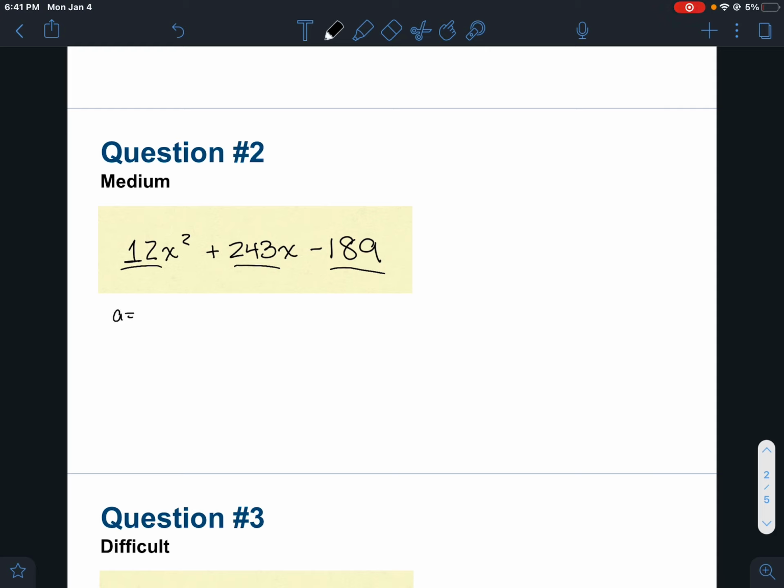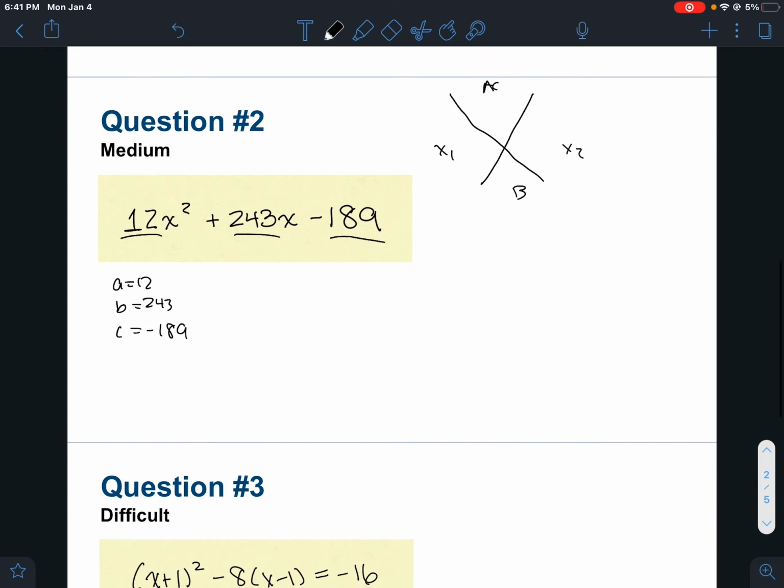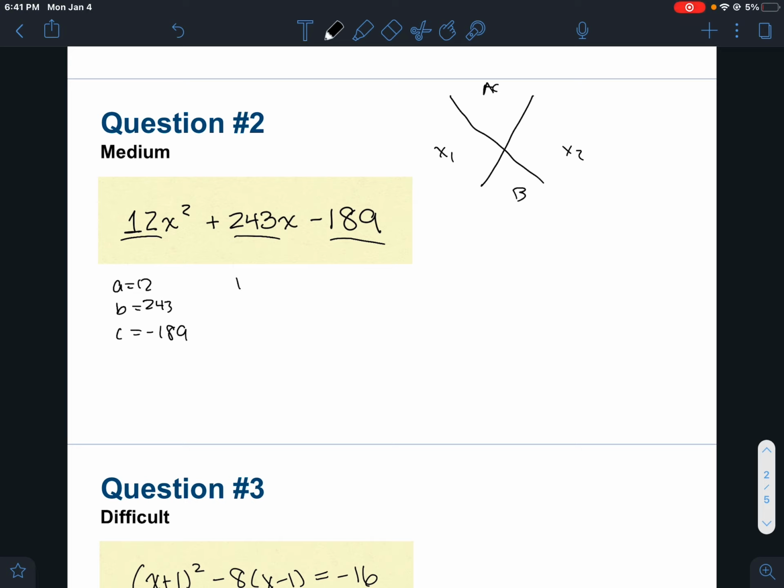A equals 12, B equals 243, and C equals negative 189, excuse me. And we're going to draw our AC chart. AC, B, x1, x2. A is 12, C is negative 189.